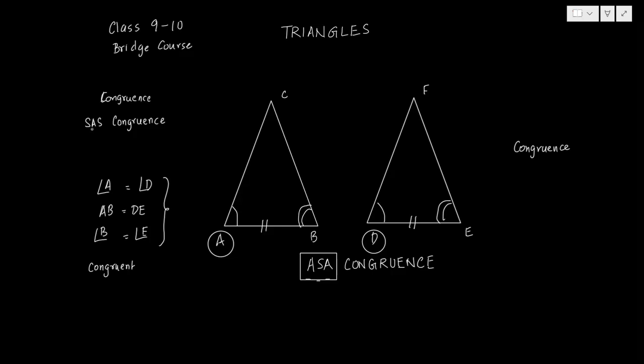We talked about SAS congruence, where SAS is side angle side. Now ASA is angle side angle congruence.